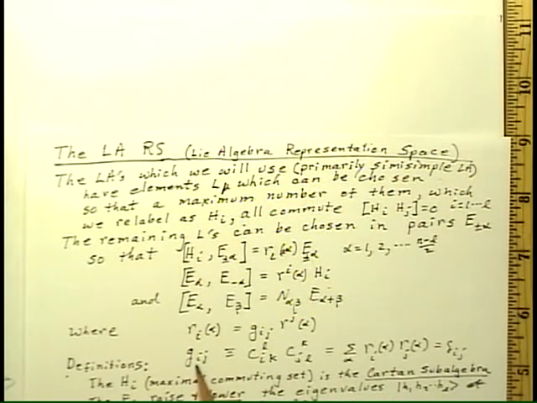The metric Gij is defined as C ILK C JLK, and we notice here that there's a contraction and summation over K and over L, leaving only I and J as free indices, and that this is always equal to the sum over alpha of Ri alpha, Rj alpha, and it's always equal to delta Ij.